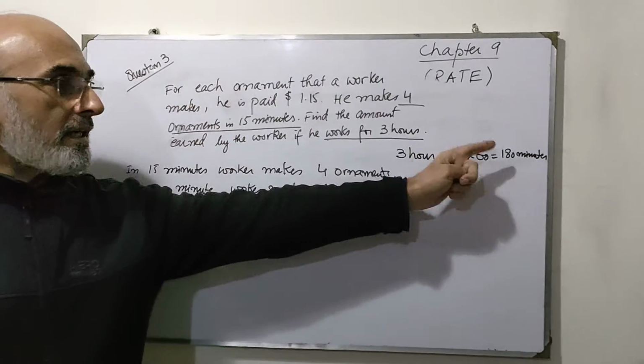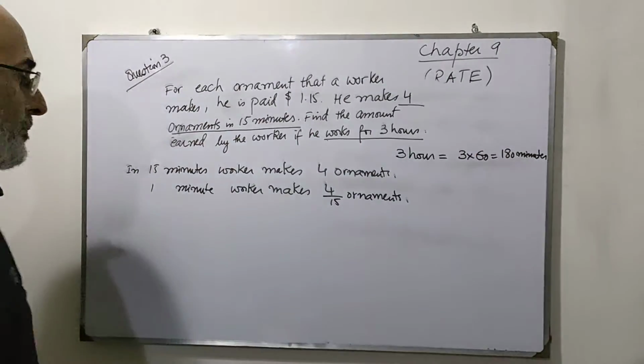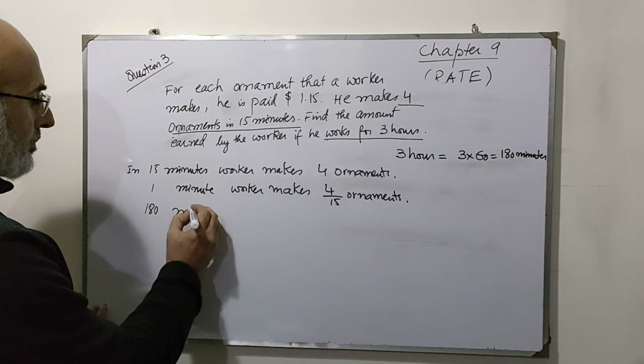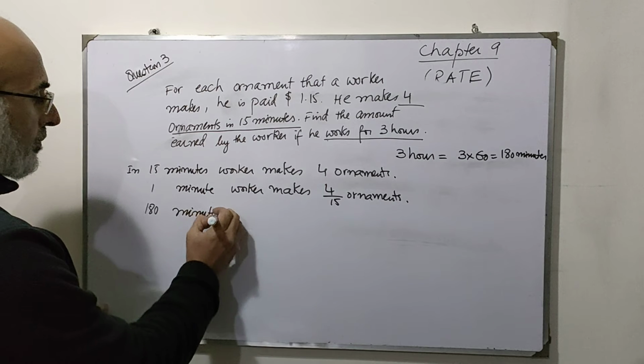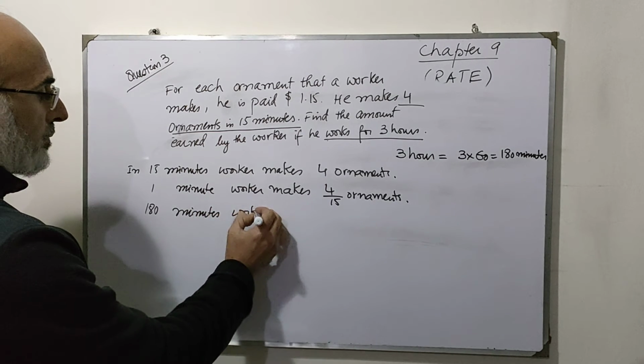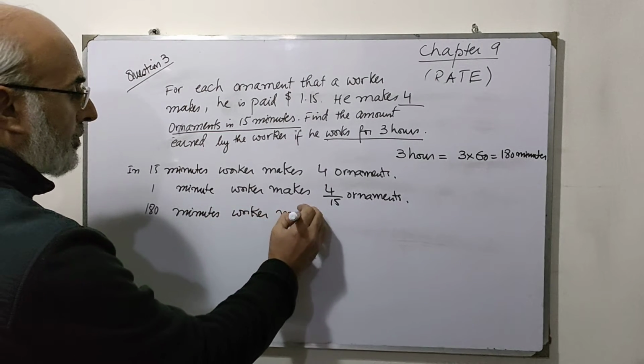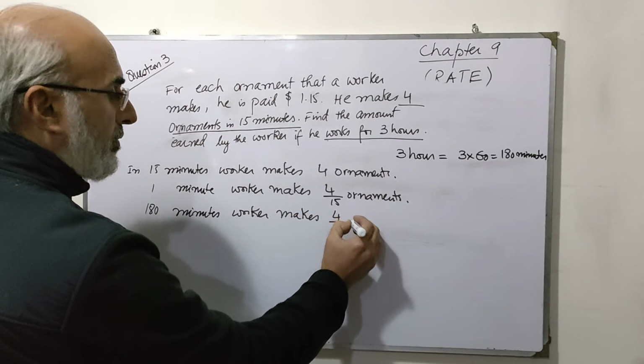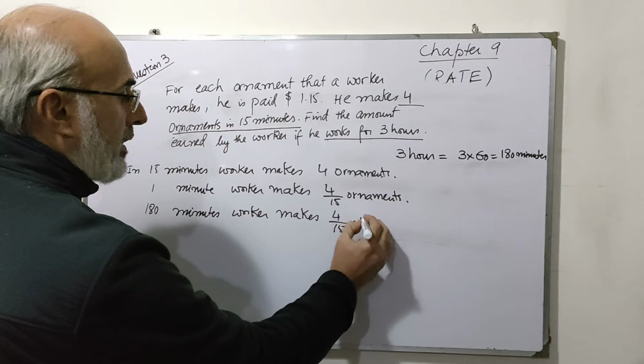Now, but our target time is 180. So what will be happening in 180 minutes? Worker makes 4 divided by 15, sorry, into 180.